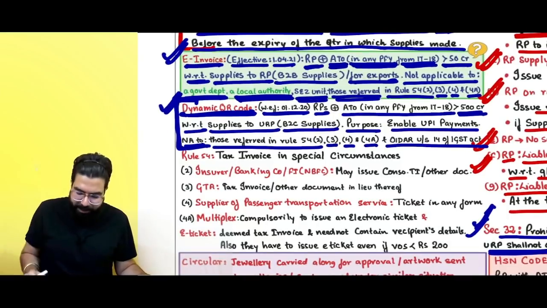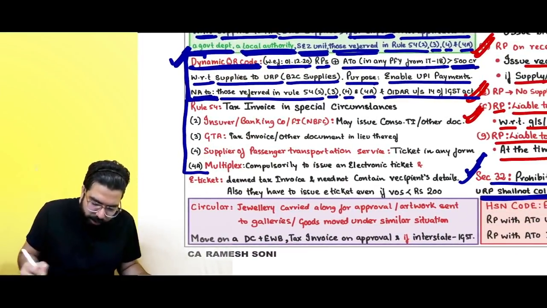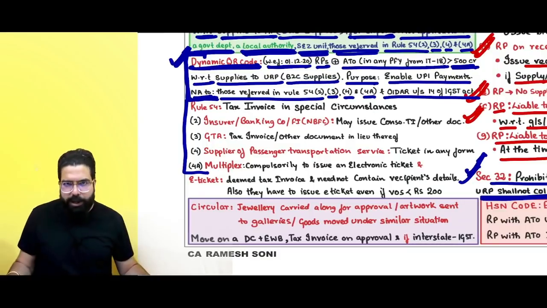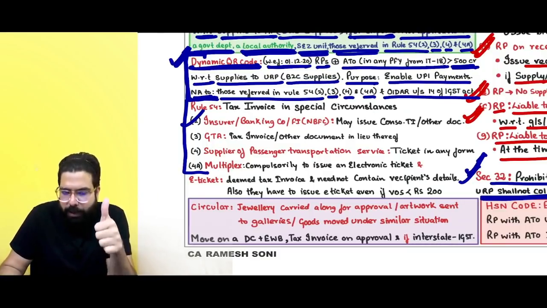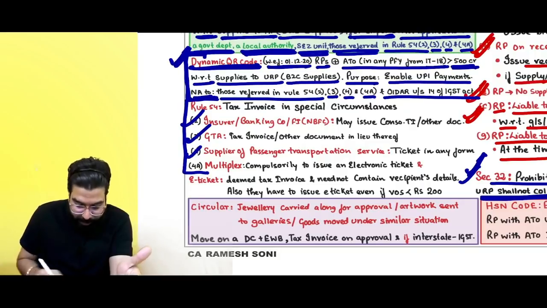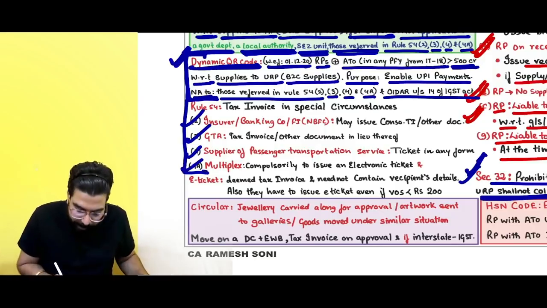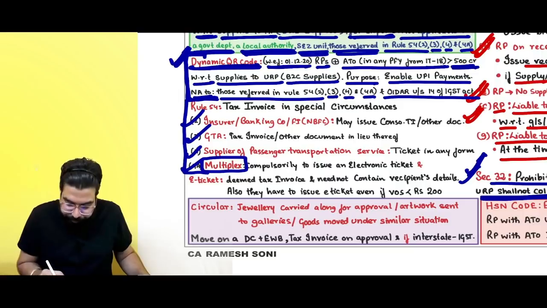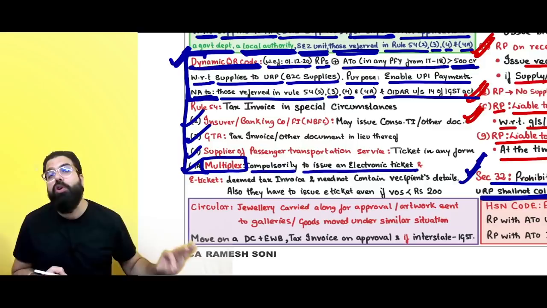Chalo, let's go ahead. Please come back. Rule number 54, 2, 3, 4 and 4A, I have already told you. Rule 54(2) is applicable if you are NBFC, GTA. 54(3) is applicable for passenger transportation service and multiplex. Always remember one thing: for multiplex, it is compulsory to issue e-ticket.